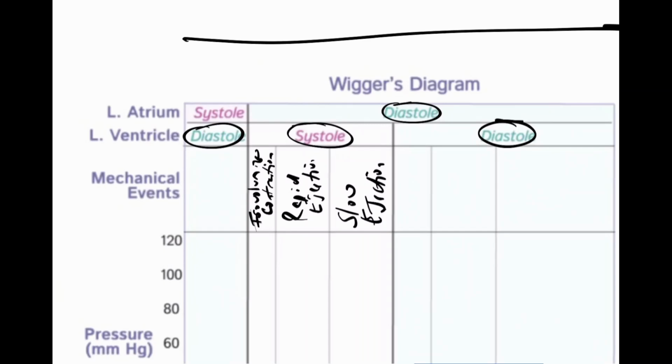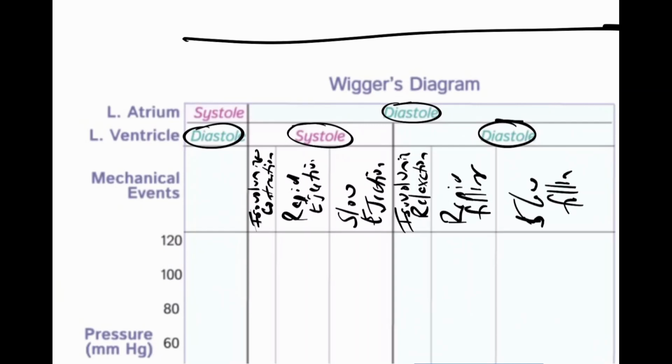Isovolumic relaxation. Then we have rapid filling, and then our slow filling. And again, it just repeats itself over and over again. So this is the phase of that cardiac cycle.